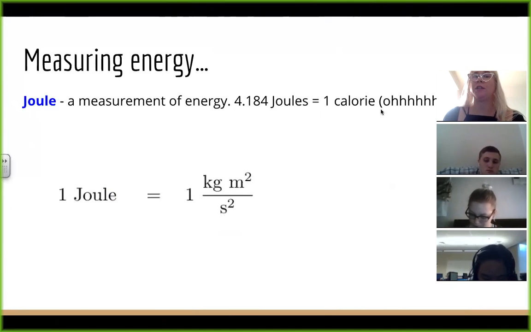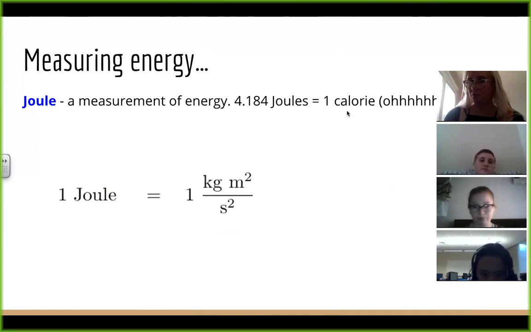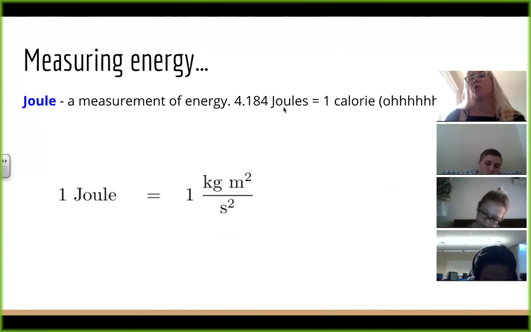We also will see something called calories, right, which we are probably kind of familiar with, right? We've heard of the term calorie. So 4.184 joules is equal to 1 calorie. And calories that you see in your food are actually kilocalories, so it's actually a calorie times 1,000.